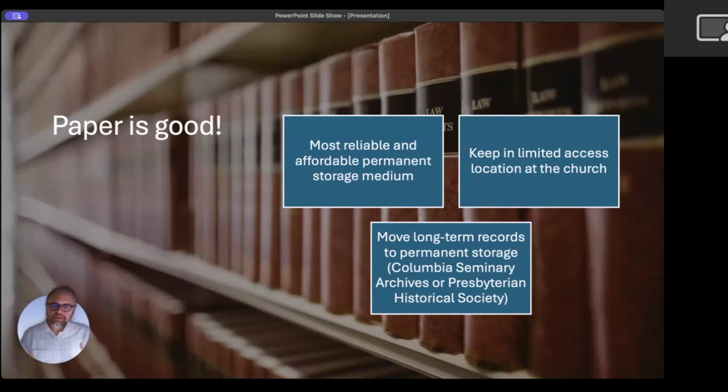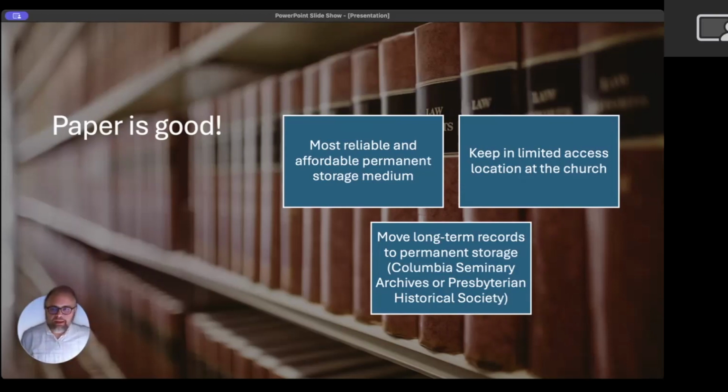And once you're not using the records actively, I strongly encourage you to move your long-term records, I'd say maybe every 5 years, move 5 years worth of records to permanent storage at the Columbia Seminary Archives or the Presbyterian Historical Society. They are properly equipped to manage those records.